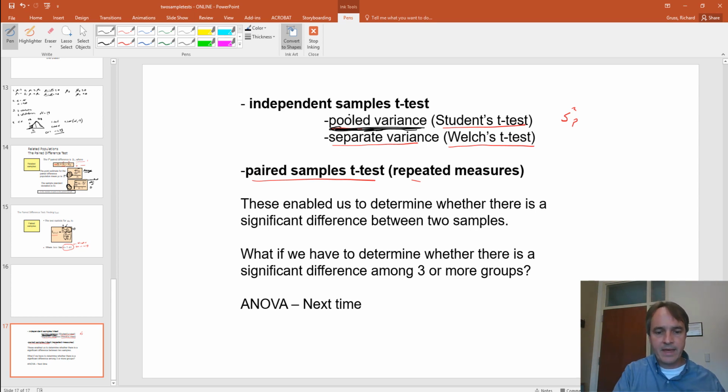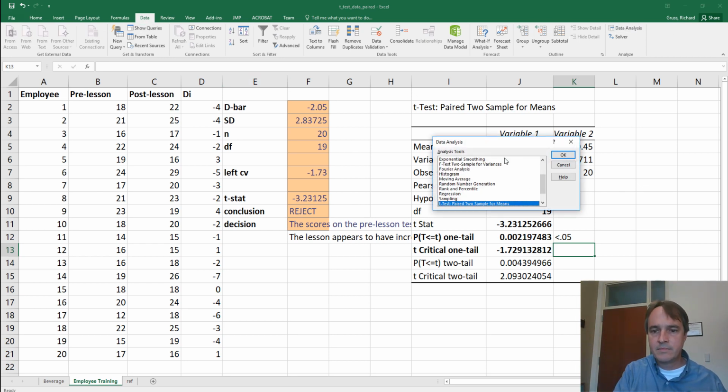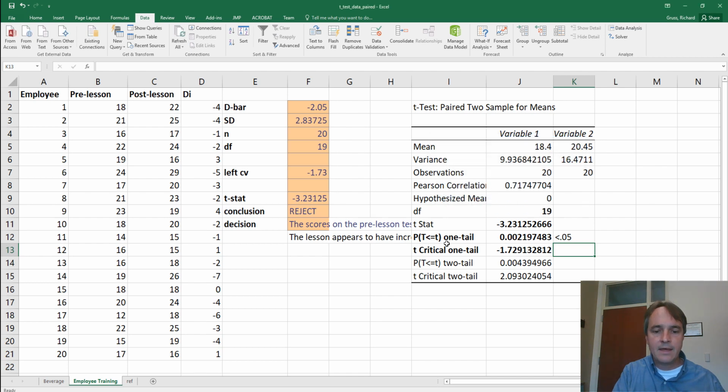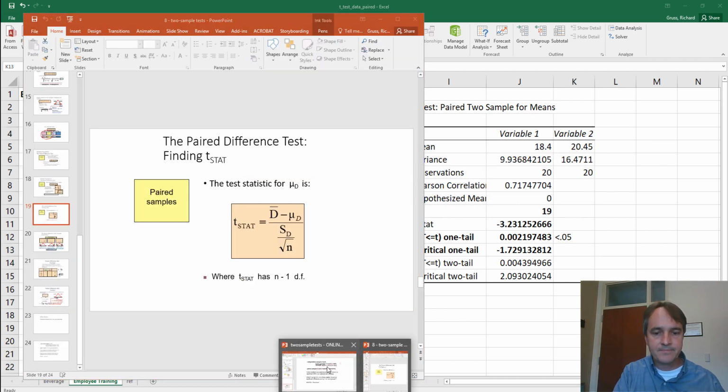But if you look back in Excel, they also provide you a way to select a t-test, two sample assuming unequal variances. That's actually called a Welch's test.